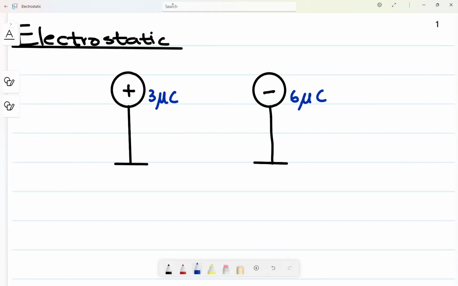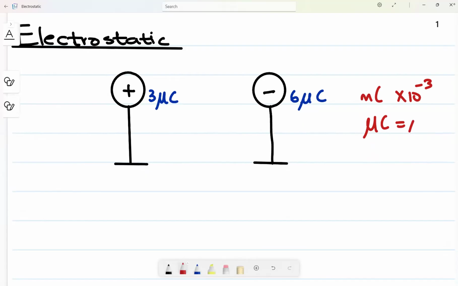What we need to be in a position to do is convert between the units. Remember, we have millicoulomb, which is times 10 to the power of negative 3. When you twist this m, it's going to be 3 like that, okay? Then we have microcoulomb. This micro looks a little bit like 6, okay?